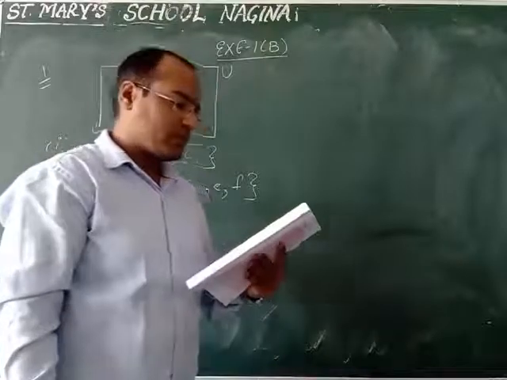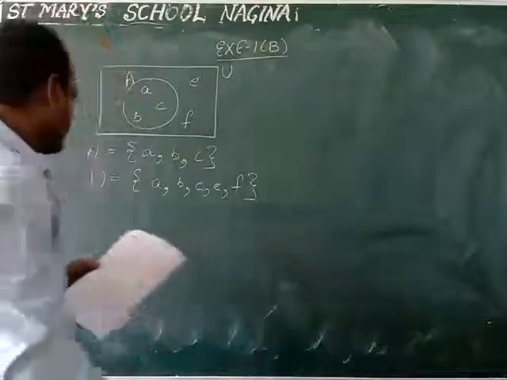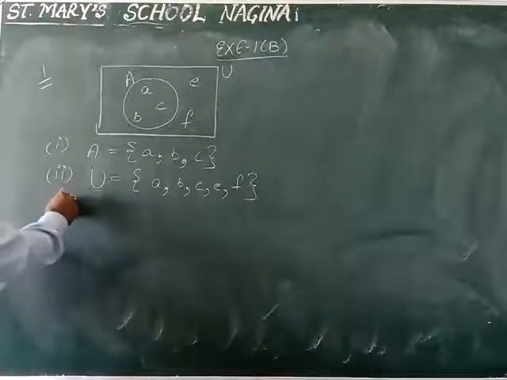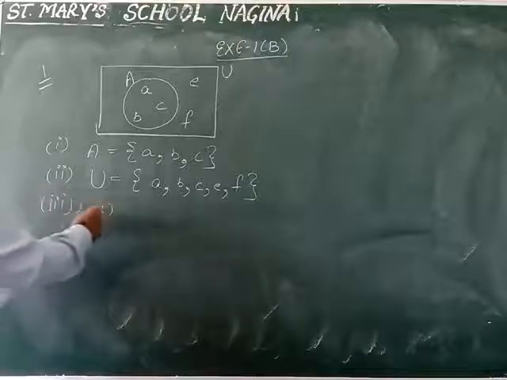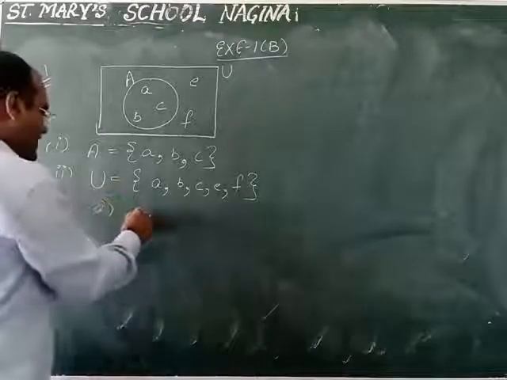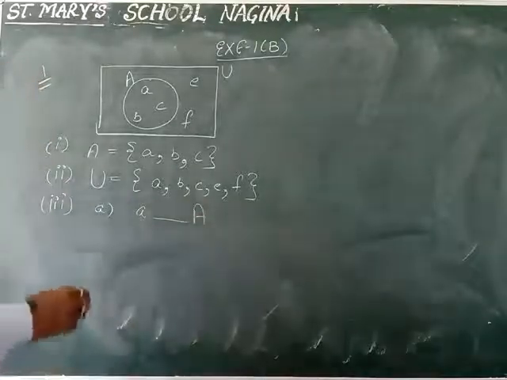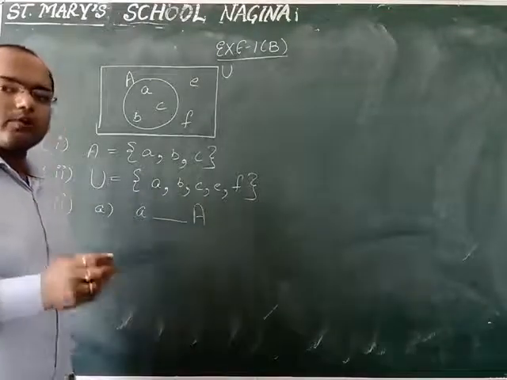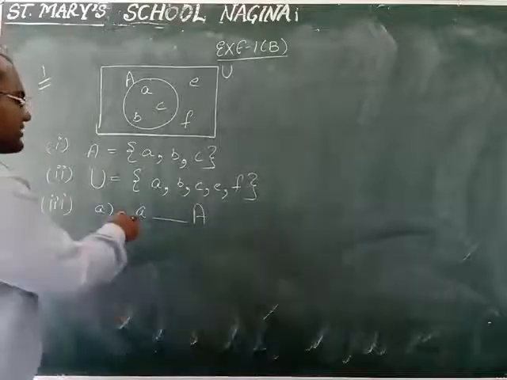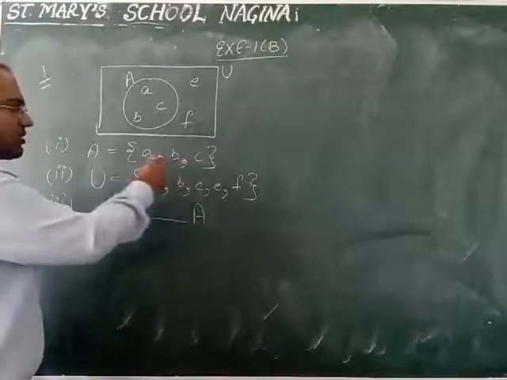Now third part, subpart A. A dash A. You have to fill here belong to or not belong to sign. So we have to check whether this A is coming in A set or not.